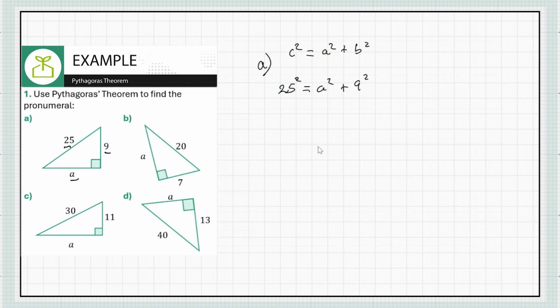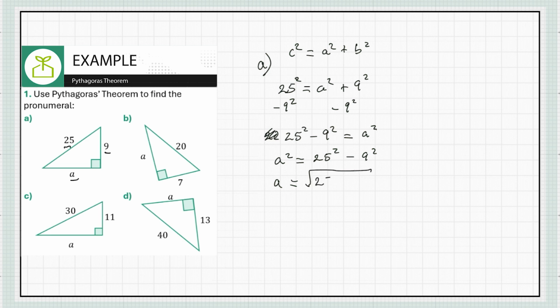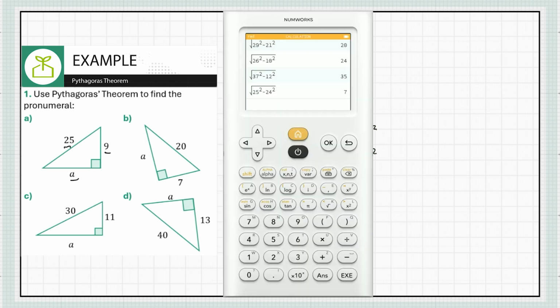Now, rearranging this by taking away 9 squared from both sides, we can rewrite this as a squared is equal to 25 squared minus 9 squared. That means a is equal to the square root of this particular expression, and we just put that into our calculator. So we just do the square root of 25 squared minus 9 squared.